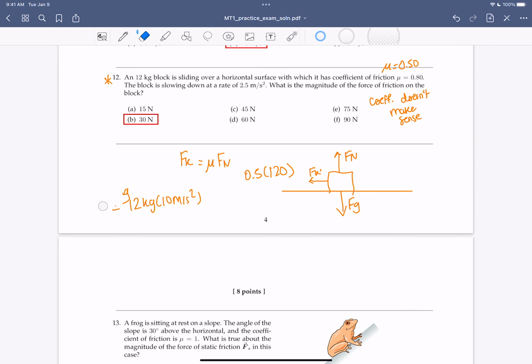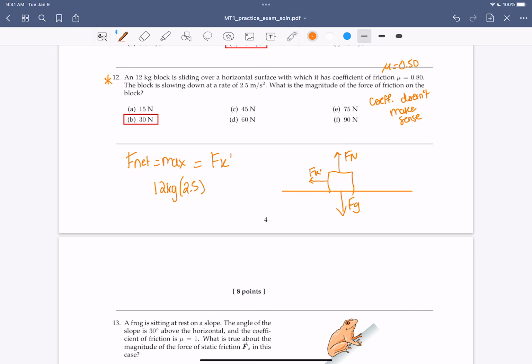So you can also set up an F net equation, and realize that F net is equal to ma, and that's equal to kinetic friction. That's the only thing acting on the object at this point, right? So we know that the 12 kilogram block, that's the mass, and acceleration is 2.5. If you do that, that's where you get the 30 newtons for my problem here, right?